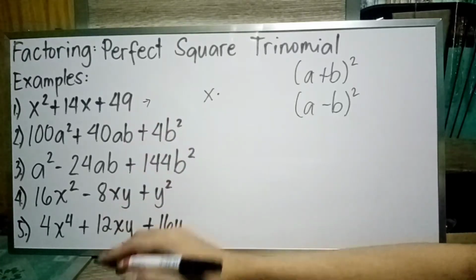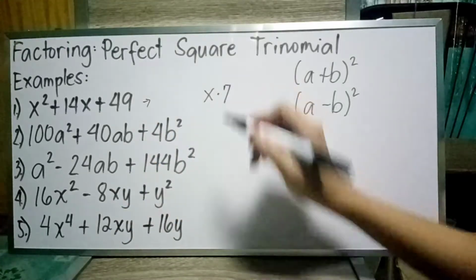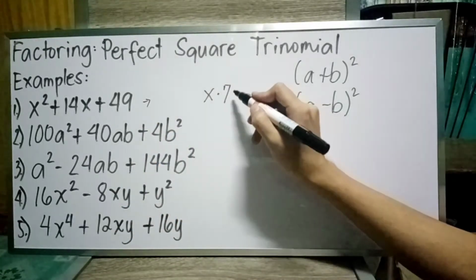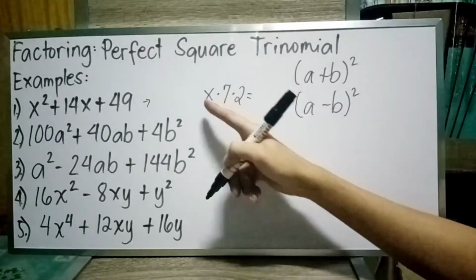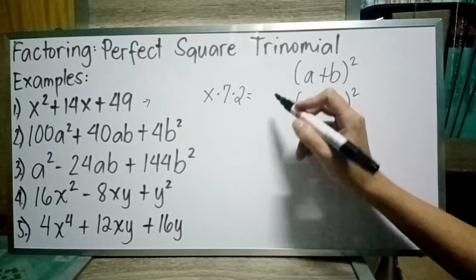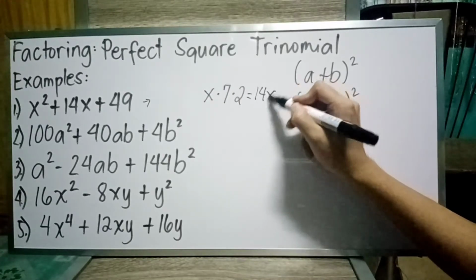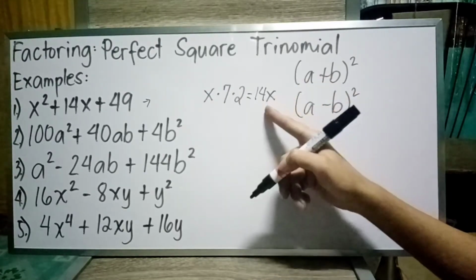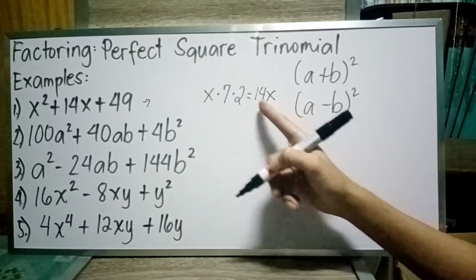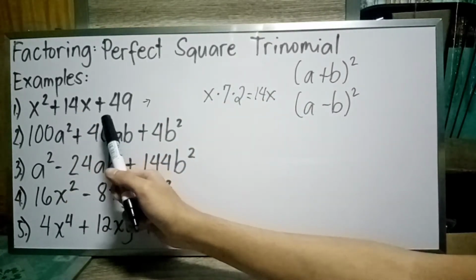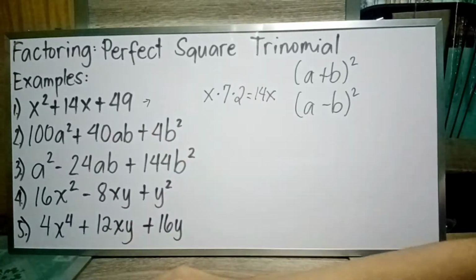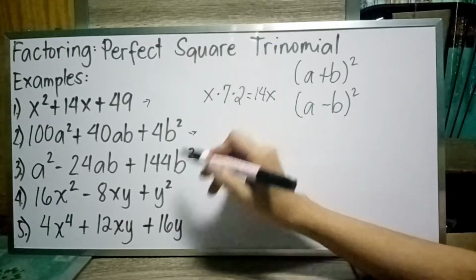Square root of 49, that is 7. Then we multiply it by 2. So x times 7 times 2, that is 14x. So 14x, or positive 14x, is the middle term of this equation. Therefore, this is a perfect square trinomial. You get it? Okay, next.